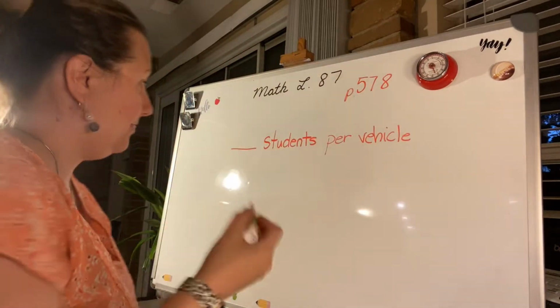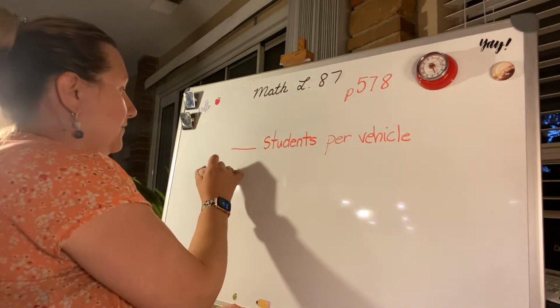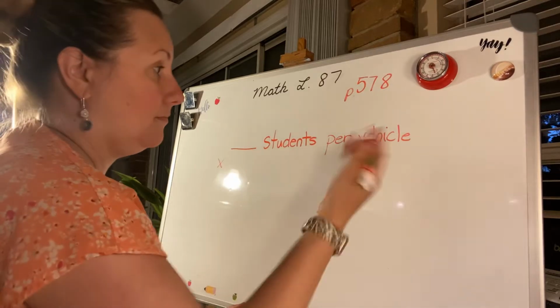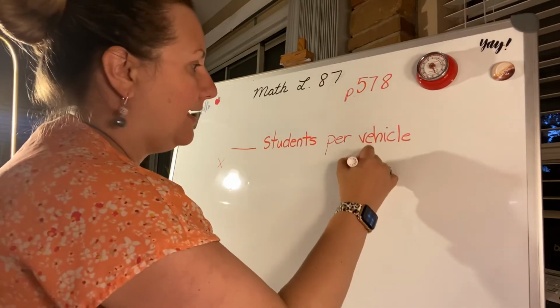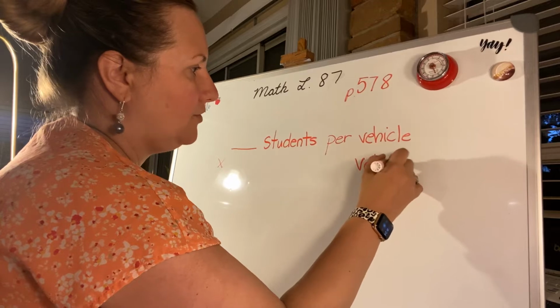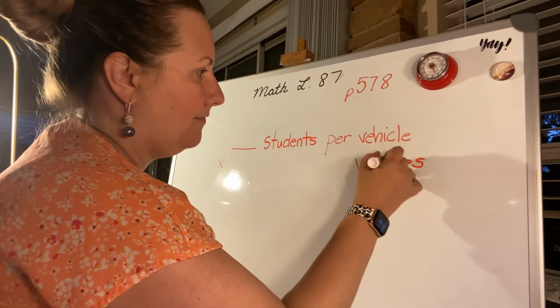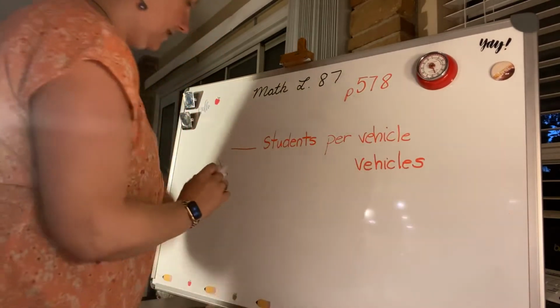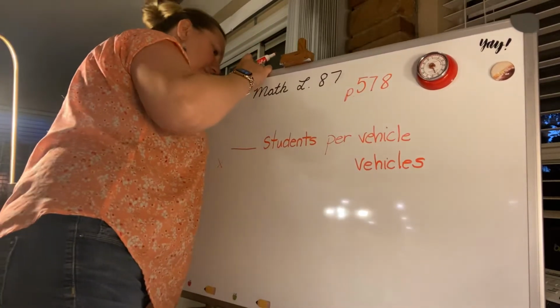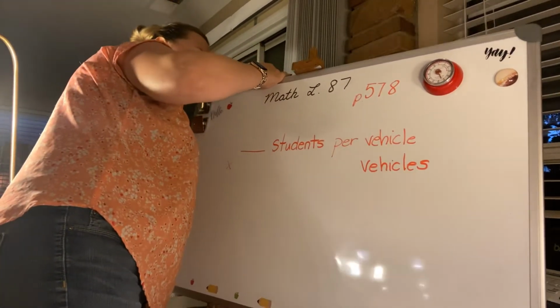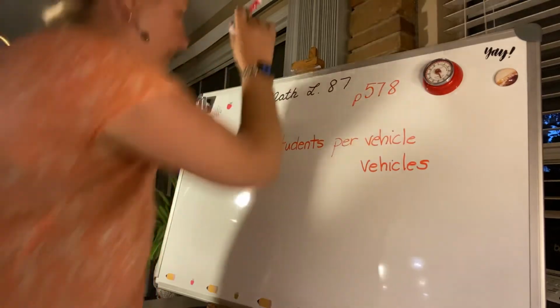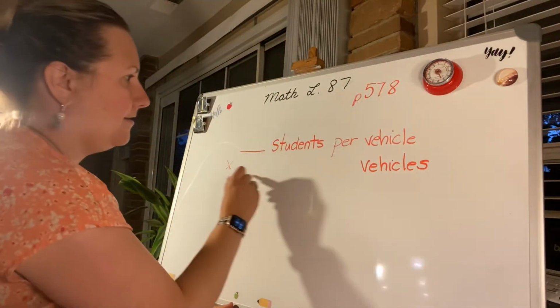Or you could have used the word car and cars as we have in that example. I'm just using the word vehicle, it means the same thing. Vehicles will go on the next line. Hold on one second while I steady the board a little bit more. Here we go, that feels better.